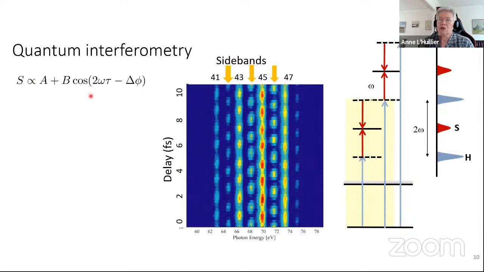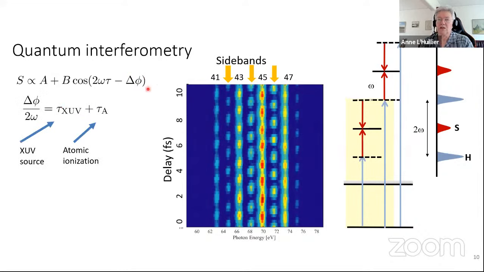Now, this equation here represents the interference equation, and the information is really included in this phase offset of the oscillation and how this phase varies spectrally over the whole spectrum. So let us look at this phase. This phase actually includes two contributions. We can write this as a delay by dividing by the periodicity of the oscillation. We have a contribution from the XUV source.